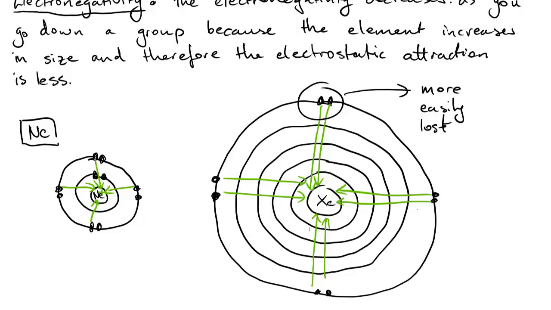So the noble gases are not the best example to use in terms of electronegativity, but neon is going to have more control over electrons, and xenon is going to have less control.